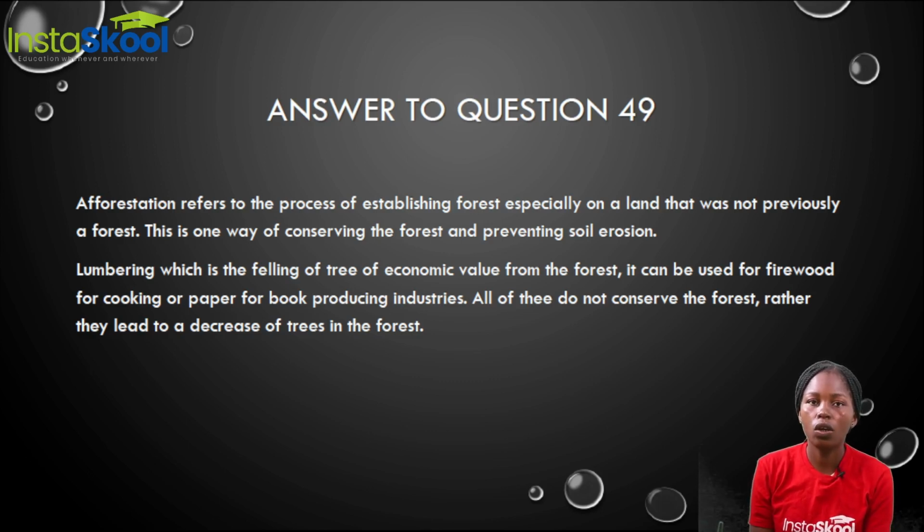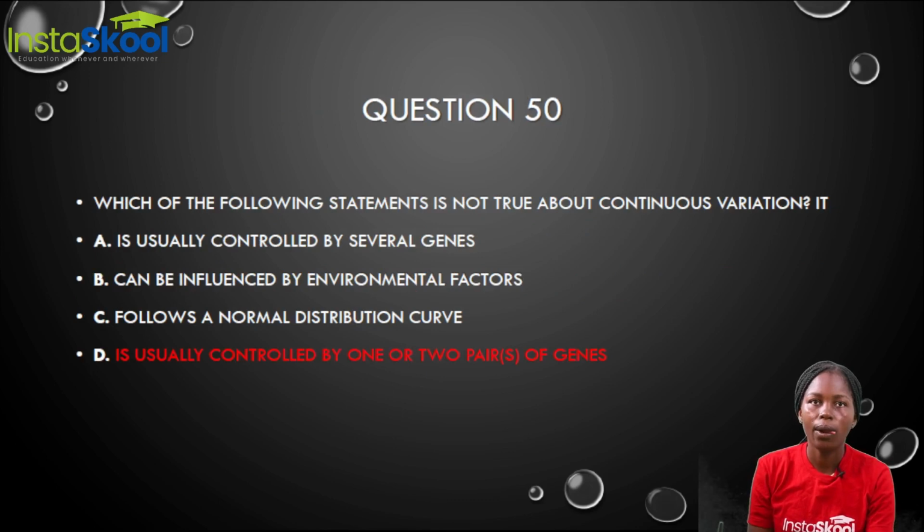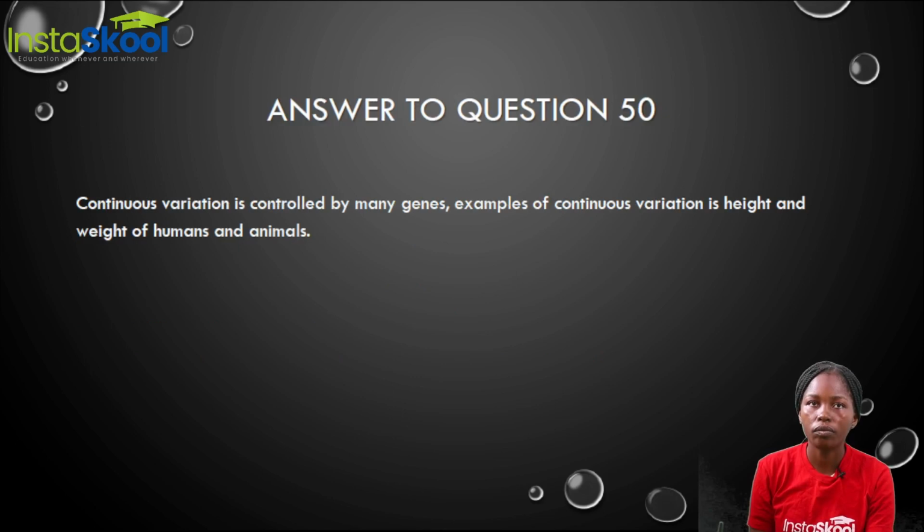Now, this is one sure way of conserving our forests and preventing soil erosion. Now, let's move on to question 50. Which of the following statements is not true about continuous variation? Continuous variation, such as the height of humans and the weight of humans and animals, is controlled by many genes.